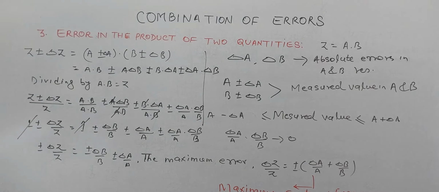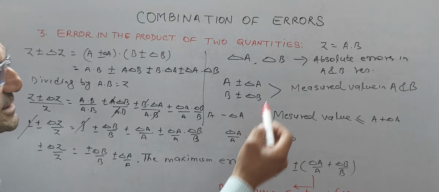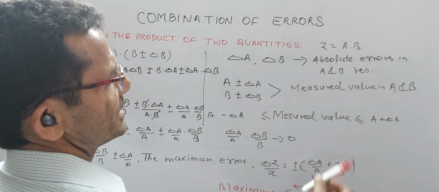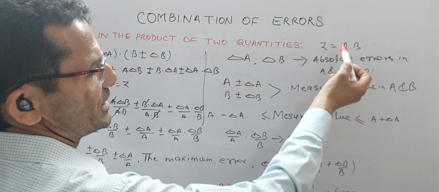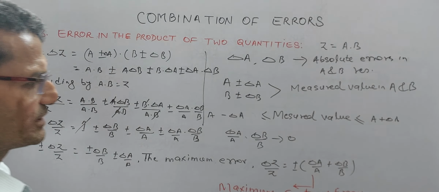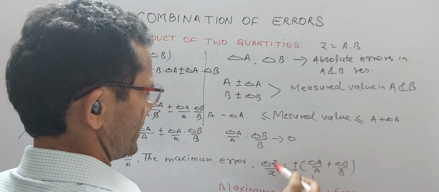So in the final product Z, the fractional errors should be added. The fractional error of A plus the fractional error of B will be your net fractional error of Z.